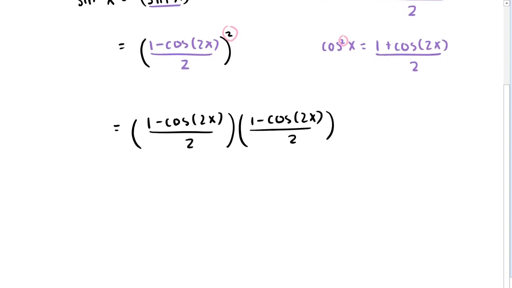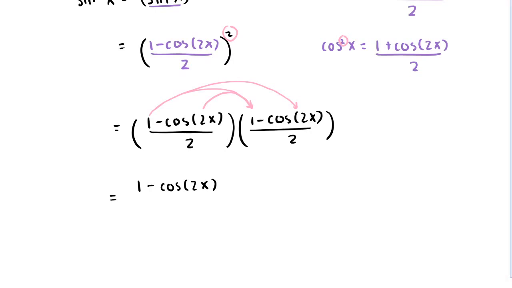And so if we multiply these out, we multiply numerator to numerator, denominator to denominator. Let's do the numerators first. Let's take that 1 times that 1. We take the 1 times that negative cosine of 2x, so minus cosine of 2x. We take that minus cosine of 2x and multiply it to that 1, giving us another minus cosine of 2x.